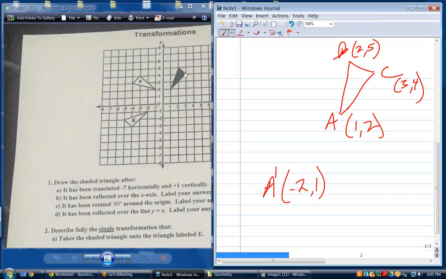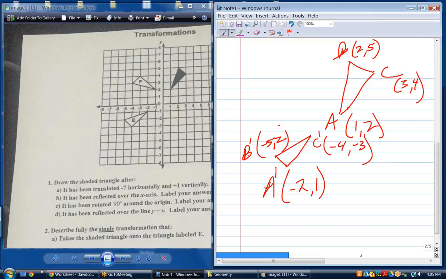No, it isn't. That's B prime. So B prime is minus 5, minus 2, and C prime is this point, which is minus 4, minus 3.